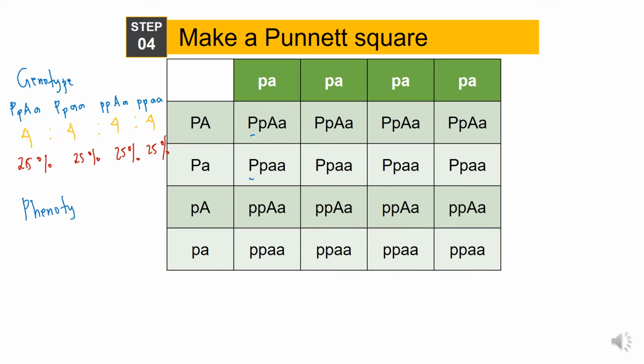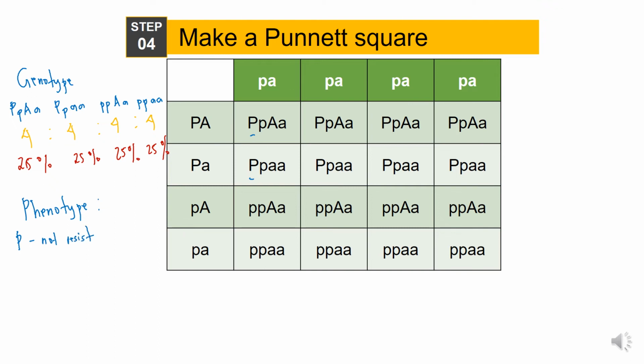Para mas madali nating makita yung phenotype na ng ating resulting offsprings dito sa cross natin. Alright, so ulit, yung phenotype natin ay we have the dominant P, right? So since yung resistance to pesticide is recessive, so ibig sabihin yung capital P ay not resistant.